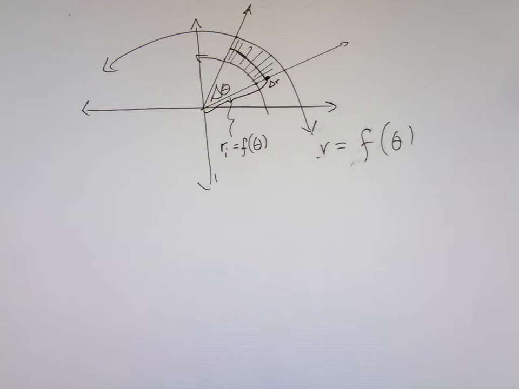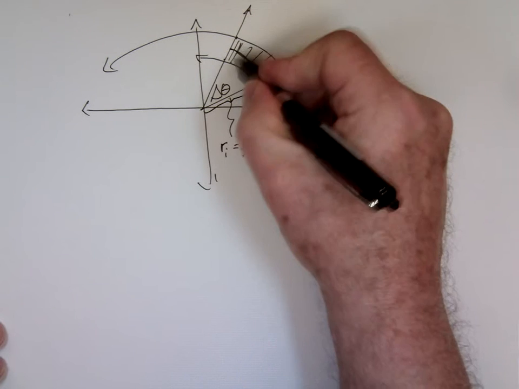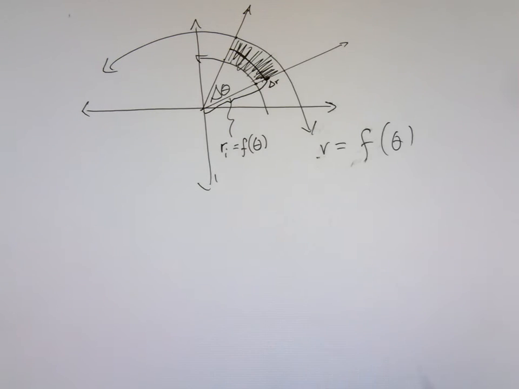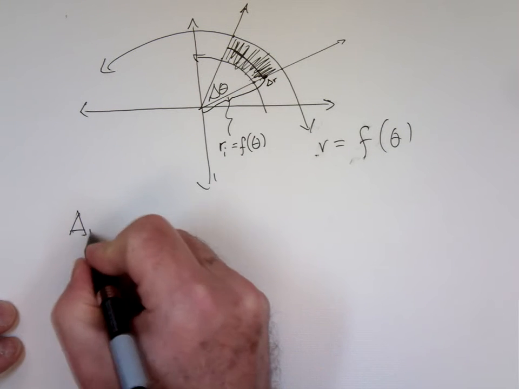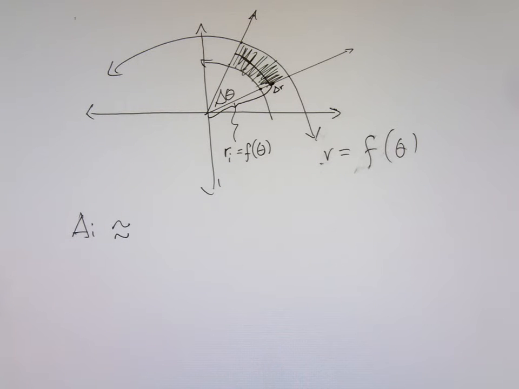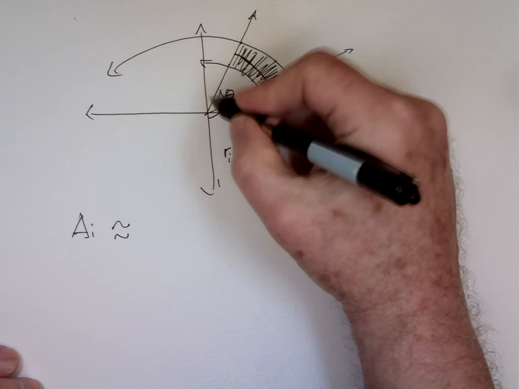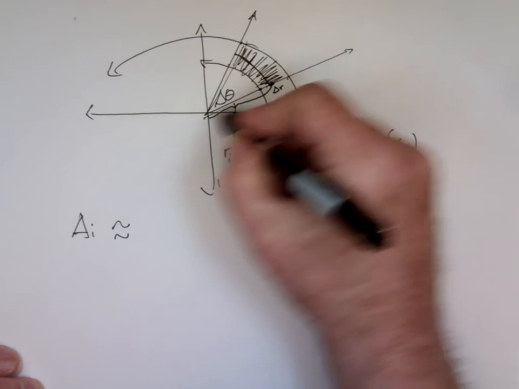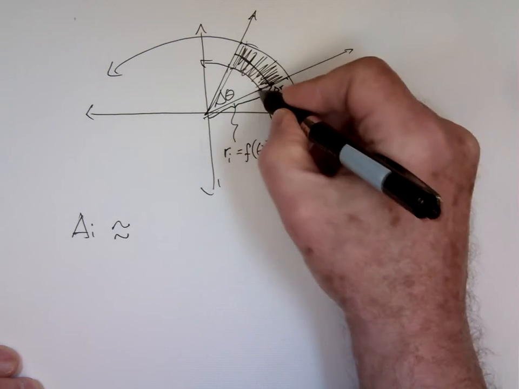I need an expression for this area right here. Well, what is that area? That area is the difference in the area of two sectors. That piece of area, a sub i, is approximately equal to the area of the outside sector minus the area of the inside sector.